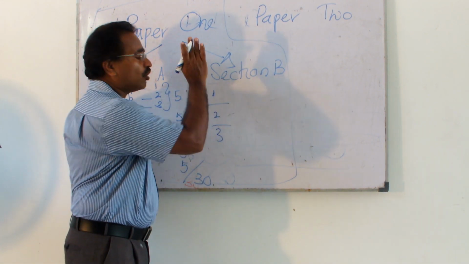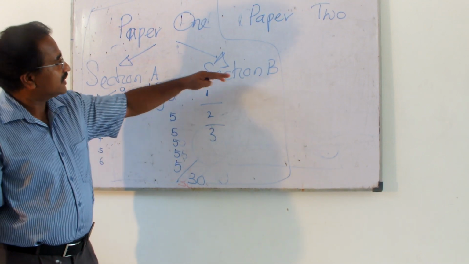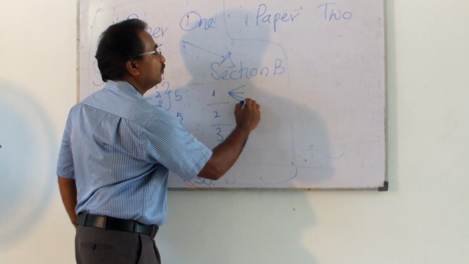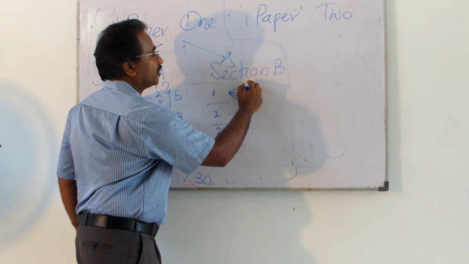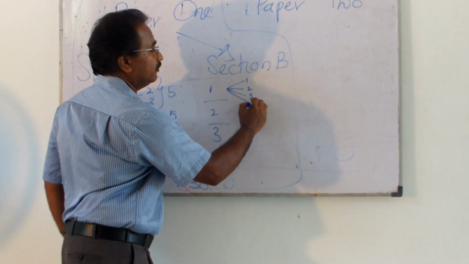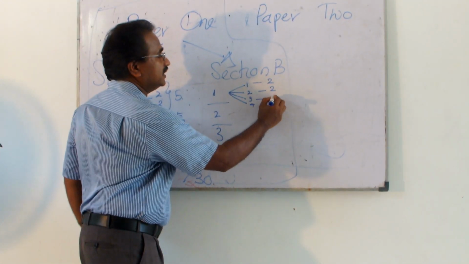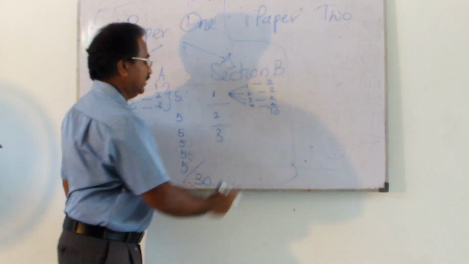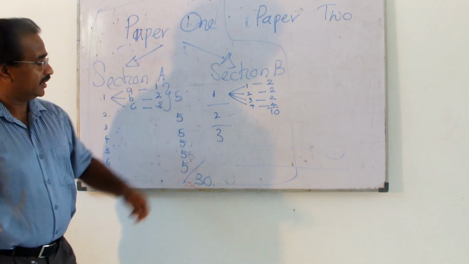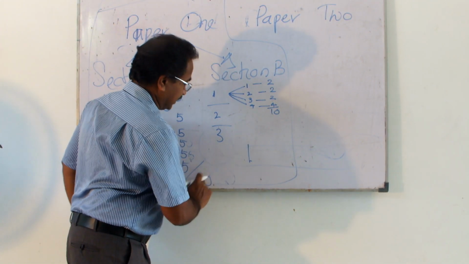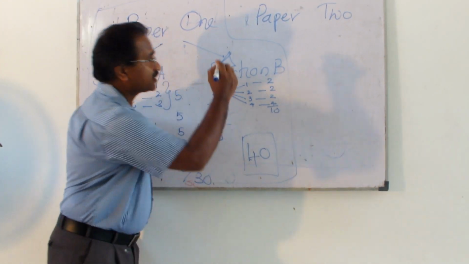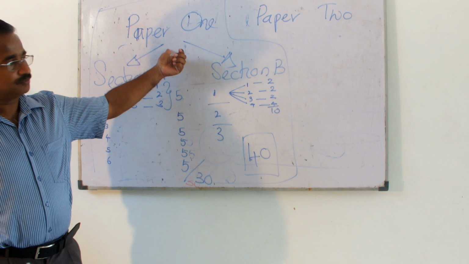You have to answer only one question from section B. Each question has 4 sections. 1, 2, 3, 4. The first one you get 2 marks, second 2 marks, third 2 marks, fourth 4 marks, altogether 10. So altogether you get 30 plus 10, 40 marks for paper 1.